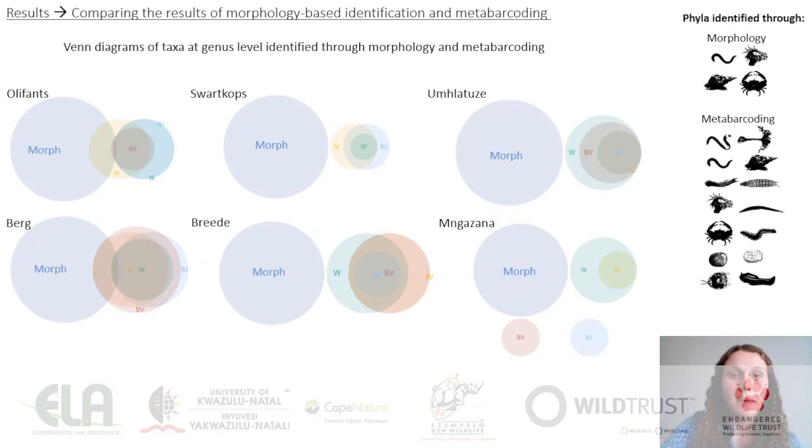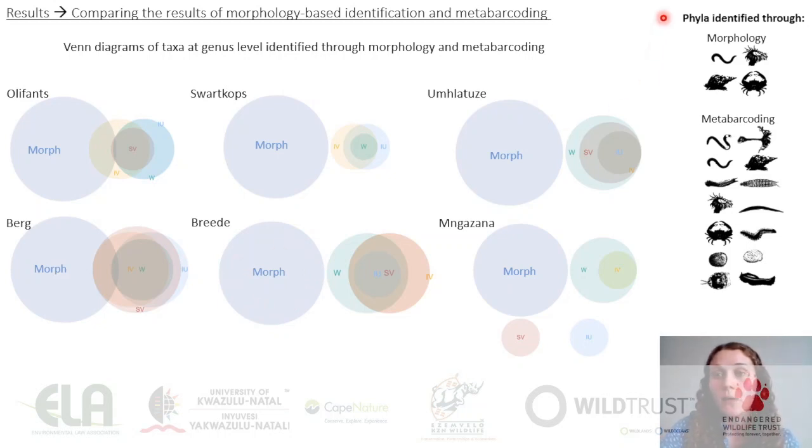Next, I wanted to compare the results of morphology-based identification and metabarcoding. So here we have Venn diagrams of the taxa at genus level that were identified through morphology and metabarcoding. We can see there's very little overlap between the taxa that were identified. In addition, morphology identified far more taxa at genus level than metabarcoding.